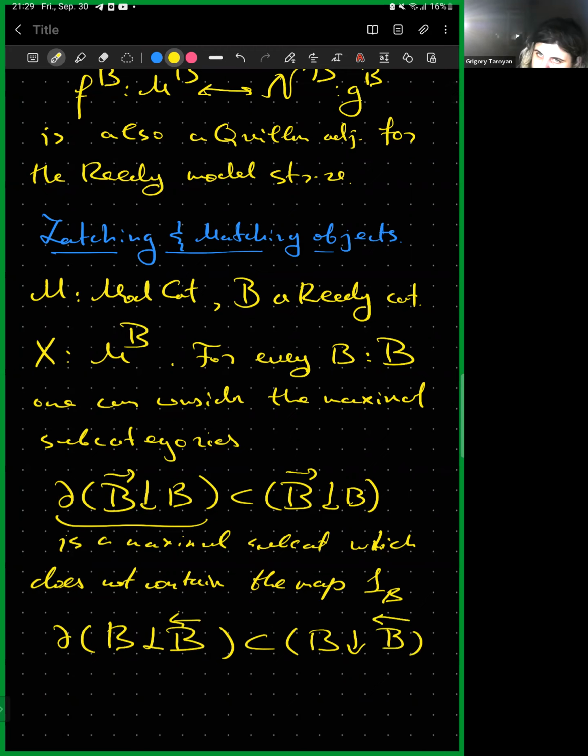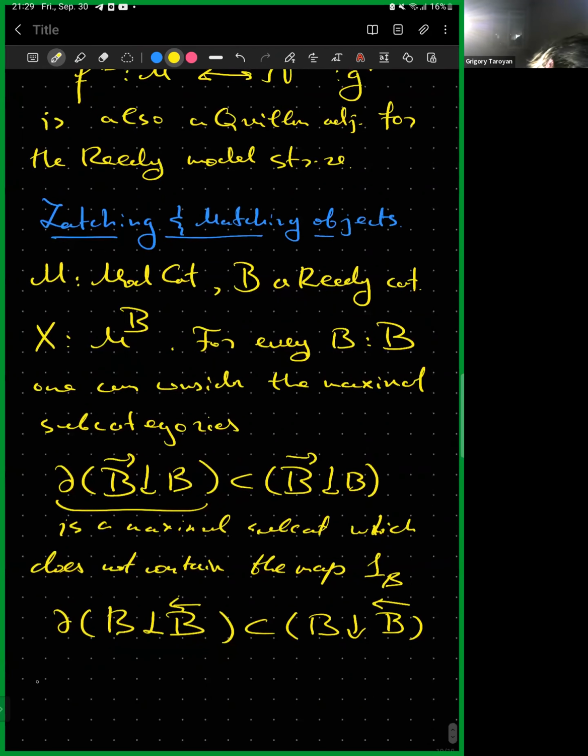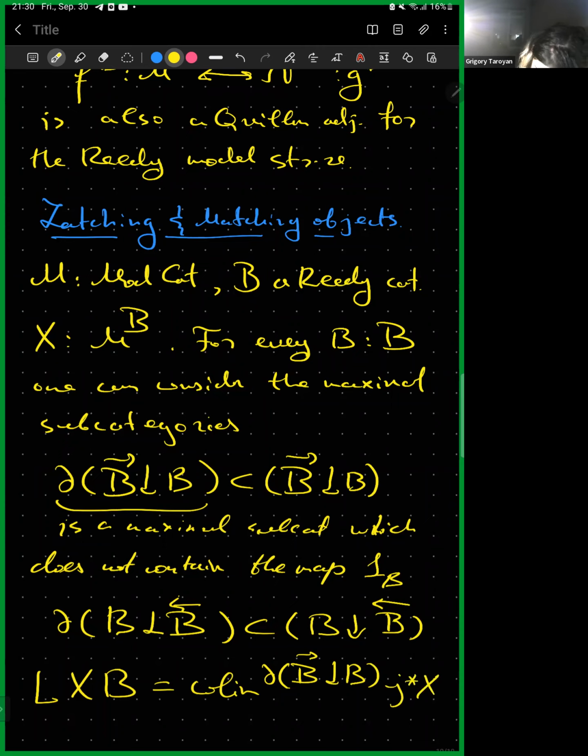And we can define the latching object L_D X by taking it to be the colimit over this subcategory of the functor, of this diagram, where J is the forgetful functor from this subcategory into the category.